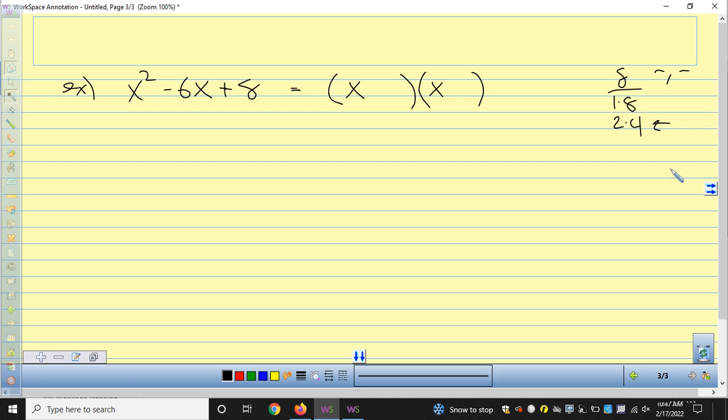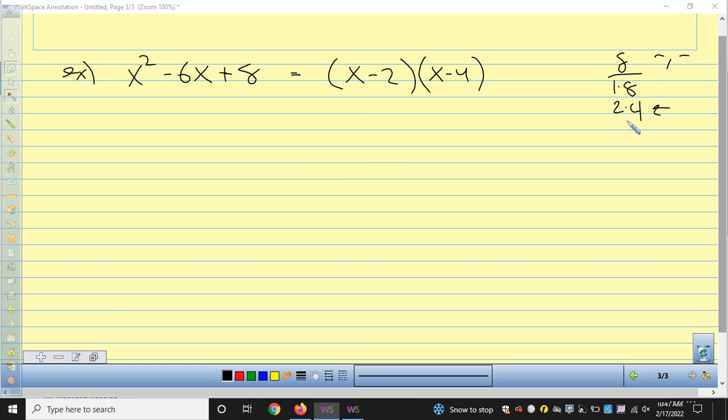Isn't negative 2 minus 4 negative 6? Yes? So this is going to have to be negative 2 and negative 4. So that's how I learned how to do it back in the dinosaur days. We can use the cross in the box to help us keep this organized.